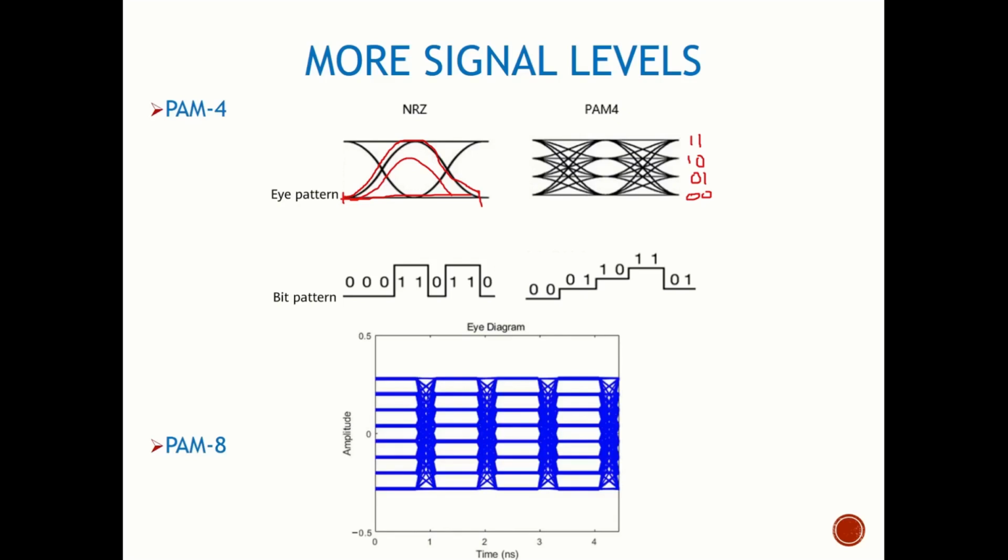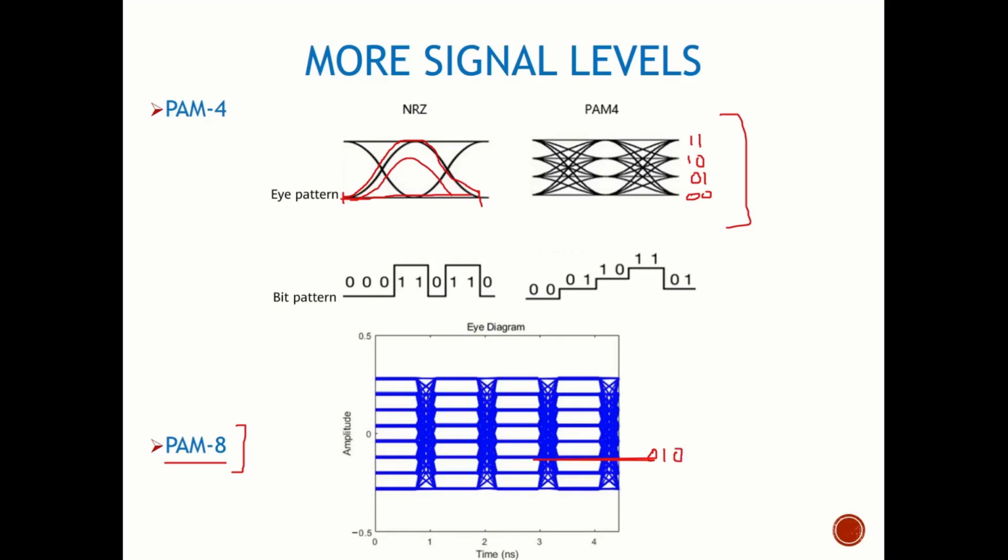So the data rate can be increased, right? This scheme is called PAM4. Another scheme is called PAM8 because it has 8 levels, and so we can transmit 3 bits at a time, let's say 010.